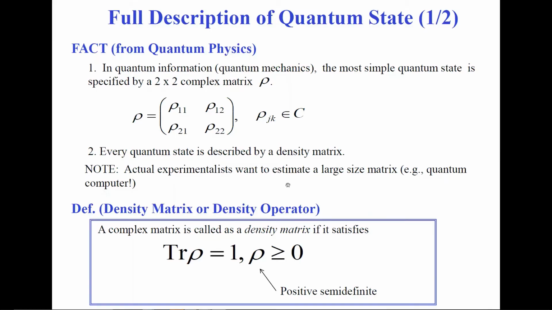The first one, trace equals 1. The second one, rho is positive semi-definite. This inequality denotes the positive semi-definiteness. And then it implies mathematically that the density matrix rho is always Hermitian. This is the mathematical definition.